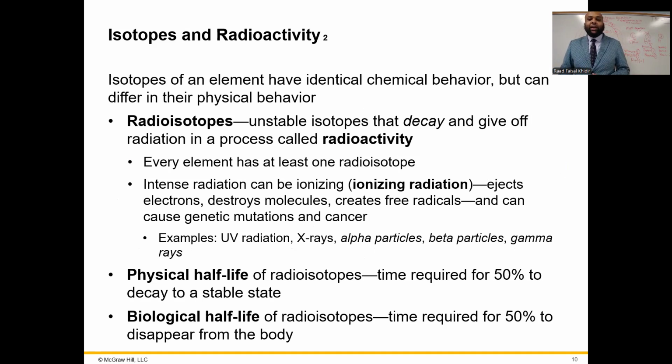Intense radiation can be ionizing, known as ionizing radiation. That's stressful to the skin. It ejects electrons, destroys molecules, and creates free radicals. These free radicals are dangerous because they have an extra lone electron.